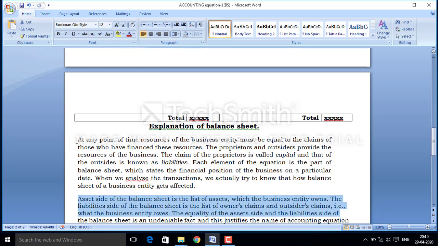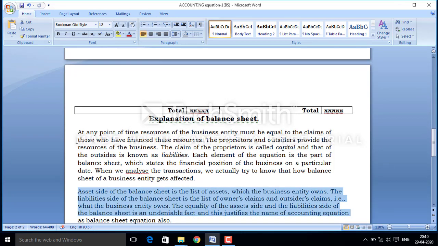The equality of the asset side and the liability side of the balance sheet is an undeniable fact, and this justifies the name of the accounting equation as the balance sheet equation also.